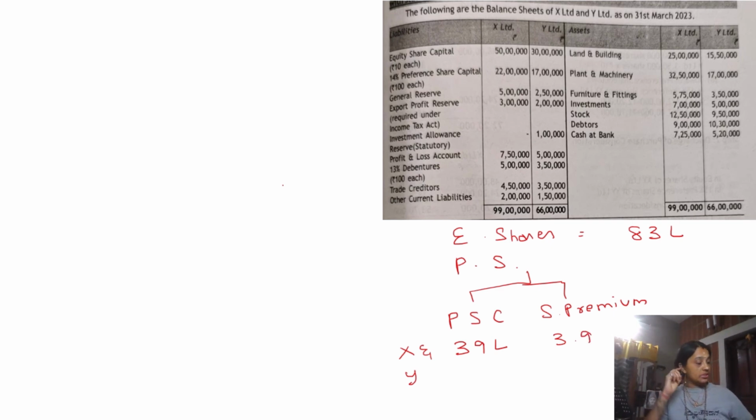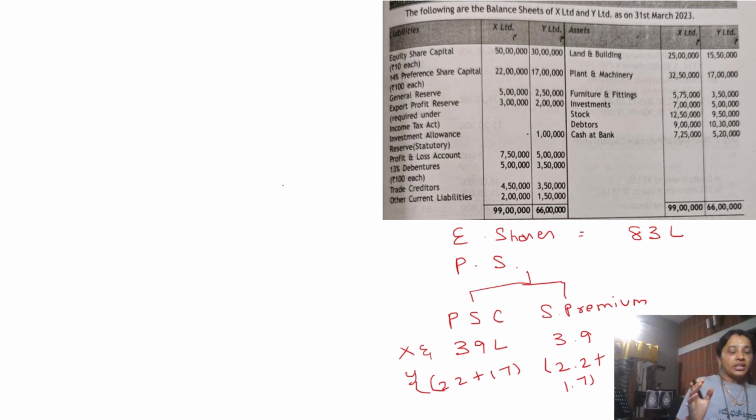If you look at the purchase consideration, the preference shares given to X was 22 lakhs plus for Y a preference share capital of 17 lakhs, so both put together comes up to 39 lakhs. Similarly, the premium was 2.2 lakhs plus 1.7 lakhs, so the premium was 3.9 lakhs. We just divide the entire preference share capital into preference share capital and premium, so that we can pass the third entry.